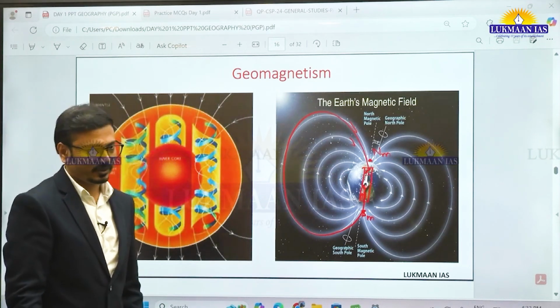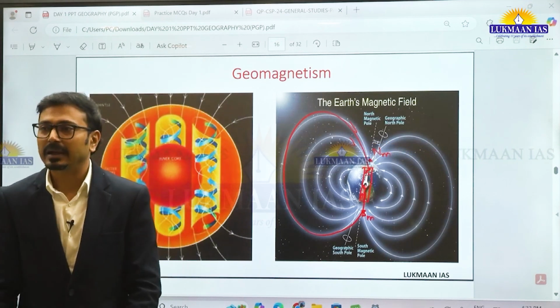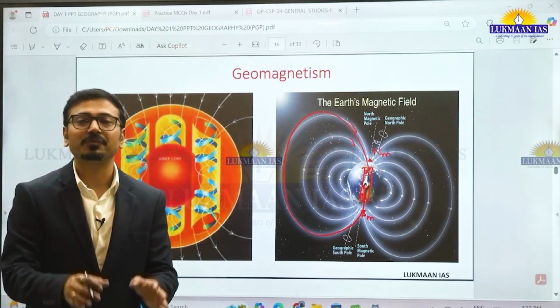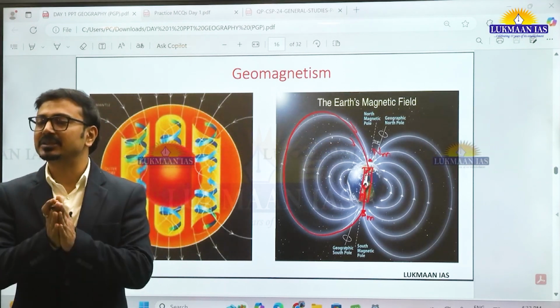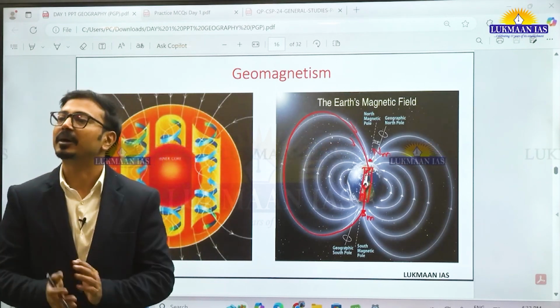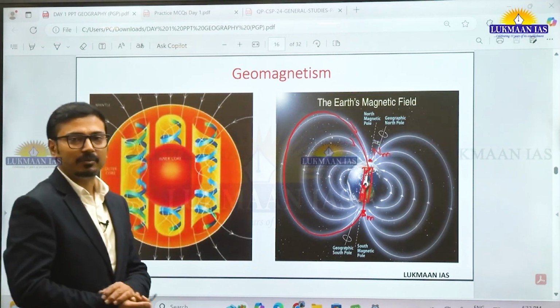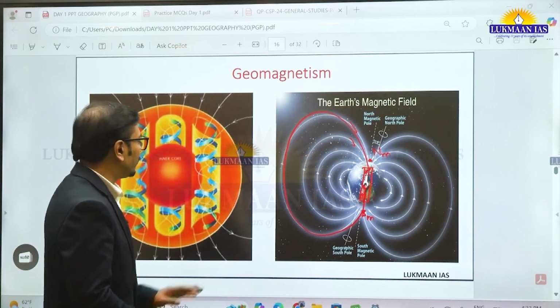All right, first thing. Second thing, these poles are not constant and they are not overlapping with geographical poles. Geographical poles are basically those places through which our axis of rotation passes, and not necessarily they will overlap with magnetic poles. Okay, they can be away from each other.